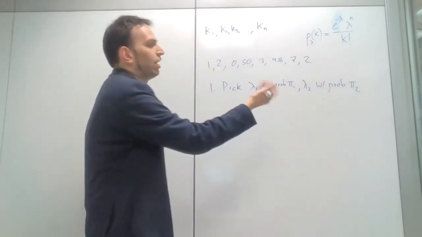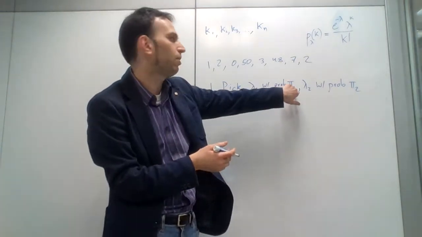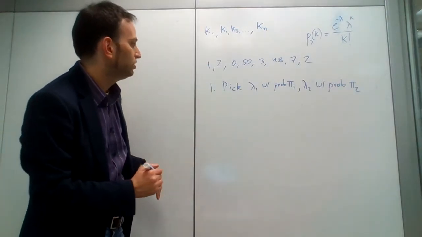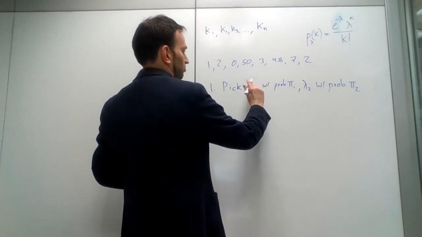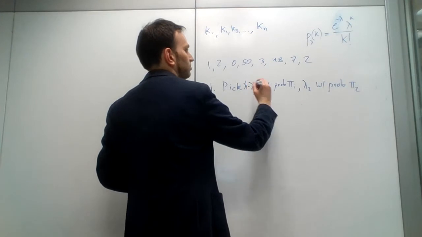You know that pi 1 and pi 2 have to add up to 1, so you could say this is just pi, and this is 1 minus pi, whatever works. So once you did that, let's call the chosen one lambda prime.